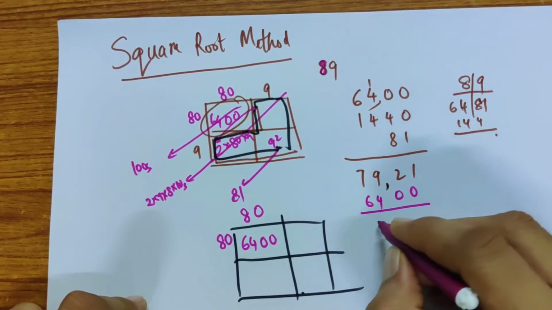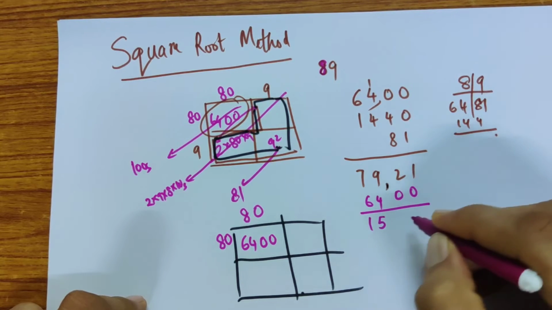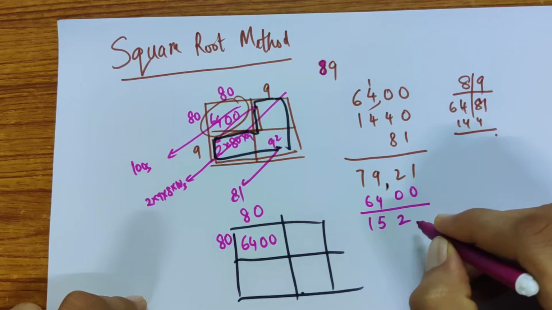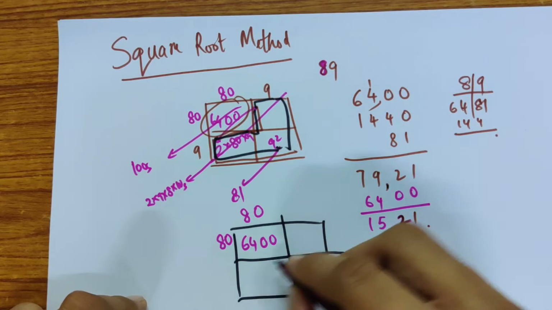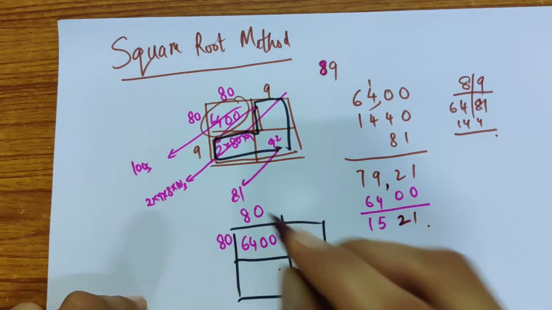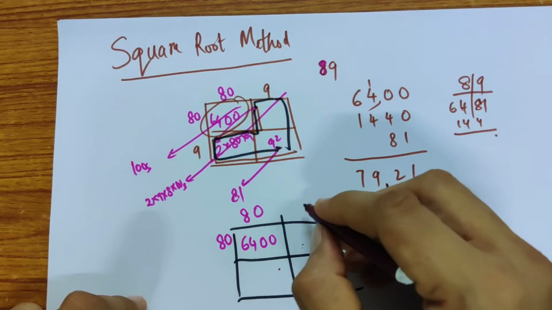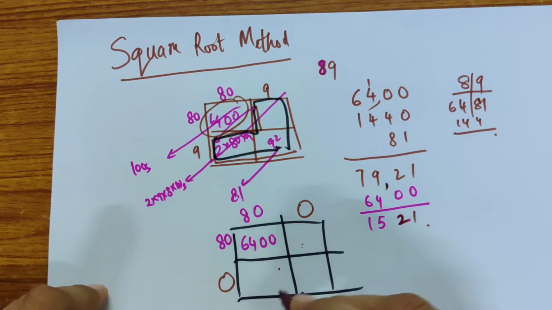So here you have 15 left, and then you have 21 come down, and then this square is going to be 2 times 80 times 9, that times whatever digit comes here. So I need to find a digit here that takes care of the fact that it will be as close to this as possible.